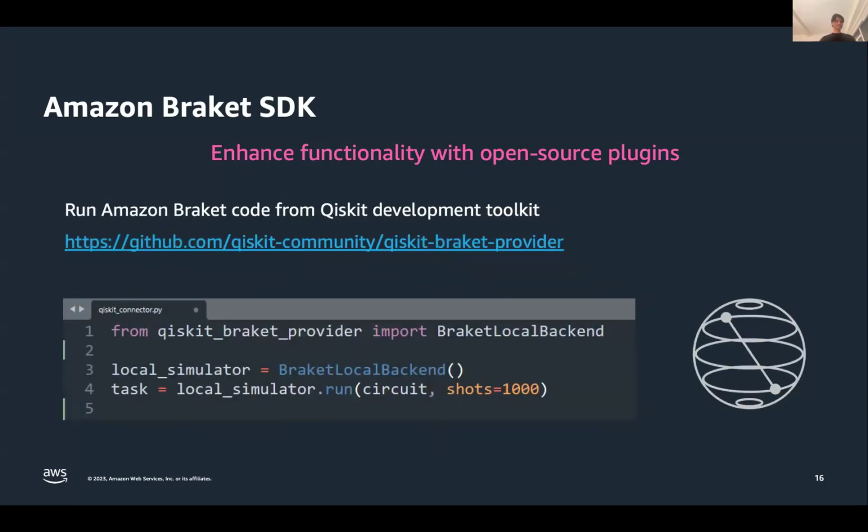If you're fond of Qiskit or you have developed your code in Qiskit, there is also the Qiskit Braket provider. Using the Qiskit Braket provider, you can import your Qiskit code directly into Amazon Braket and take advantage of various simulators and all the different available quantum hardware to run your program.